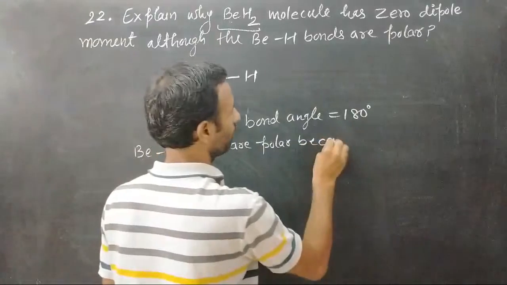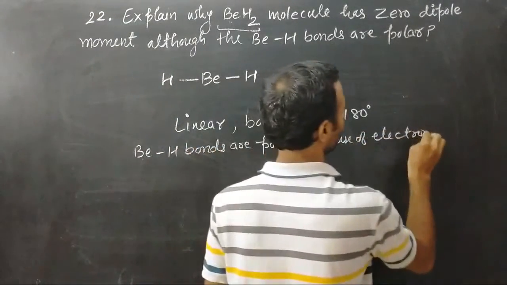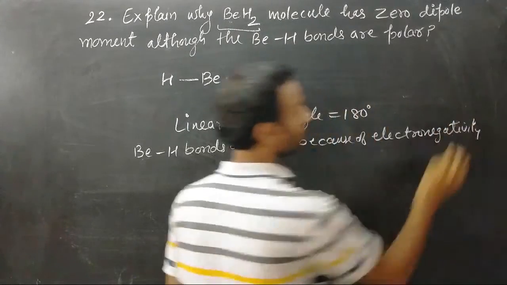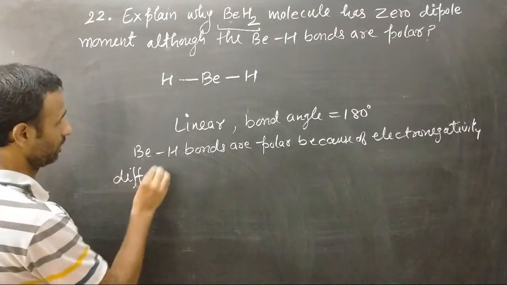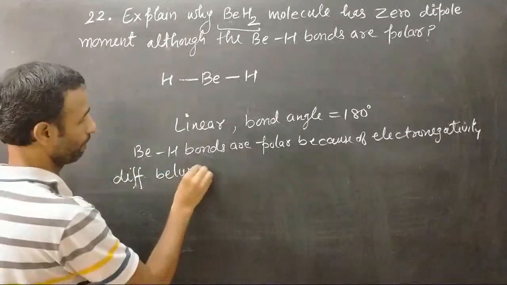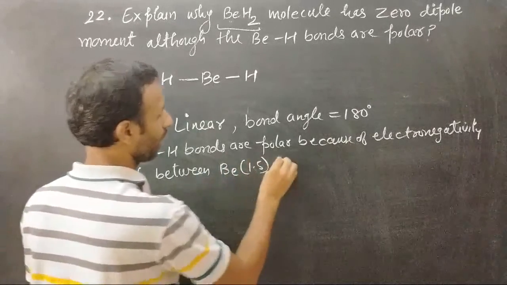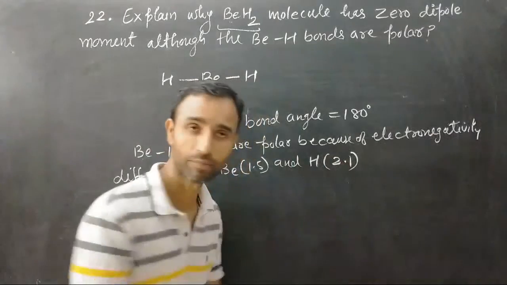And Be-H bonds are polar because of the electronegativity difference between beryllium, that is 1.5, and hydrogen, that is 2.1, right?